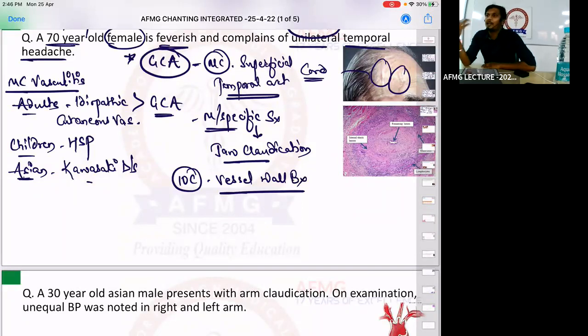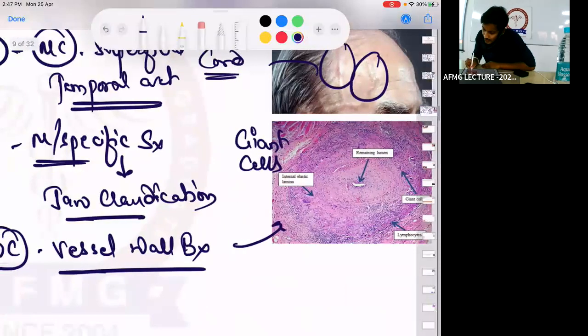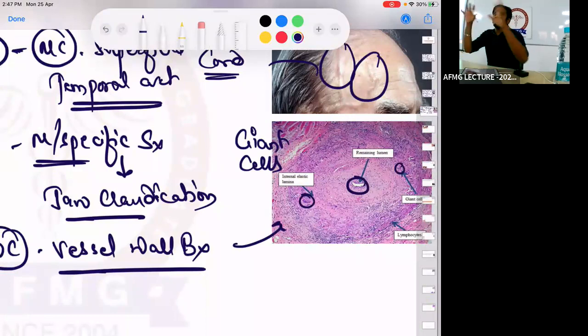But now we have an advanced method with which we can take only a vessel wall biopsy. So the investigation of choice is temporal artery biopsy, and in all the layers of the vessel wall you can see giant cells. Here you can see the lumen is decreasing in size, there are giant cells, and there is lymphocytic infiltration also. Okay, no issues with this.